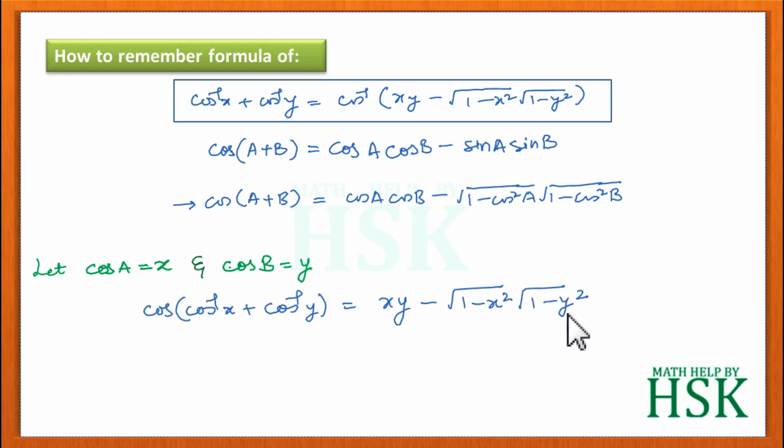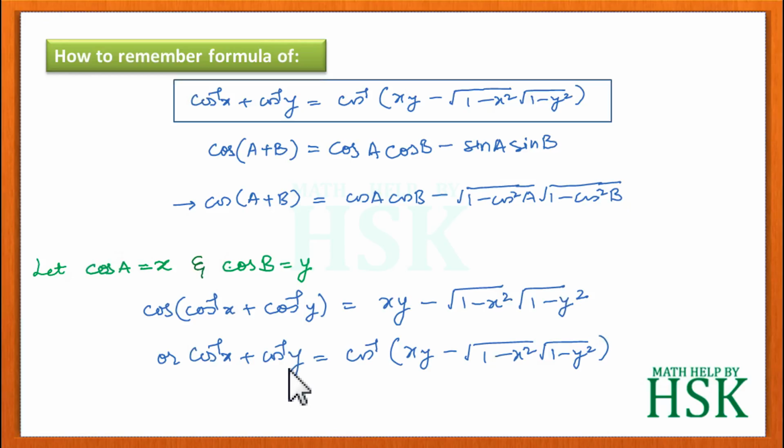Like this, and taking cos inverse of both sides I get cos inverse of x plus cos inverse of y is equal to cos inverse of xy minus square root of 1 minus x square into square root of 1 minus y square.